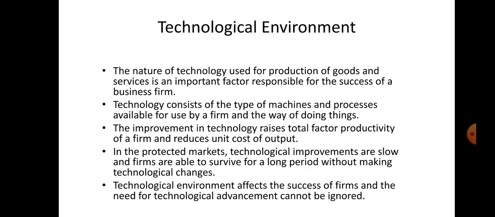The improvement in technology raises total factor productivity of a firm and reduces unit cost of output. In protected markets technological improvement is slow, and firms are able to survive for a long period without making technological changes. Technological environment affects the success of the firm, and the need for technological advancement cannot be ignored.